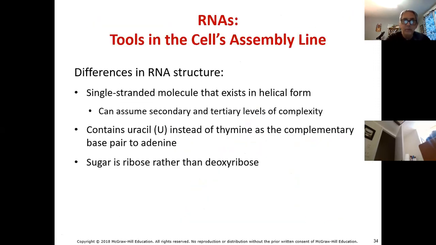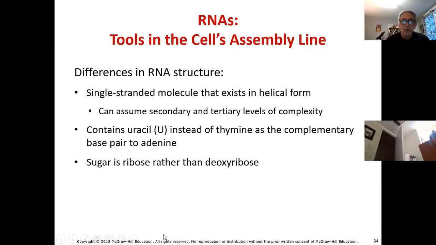Tools in the cell's assembly line, differences in RNA structure. A single-stranded molecule that exists in a helical form can assume secondary and tertiary levels of complexity, but generally, even with those more complex structures, like if you remember the transfer RNA had this clover leaf structure, it's still a single molecule, just assuming some other levels of complexity.